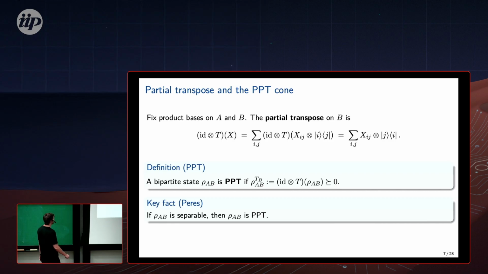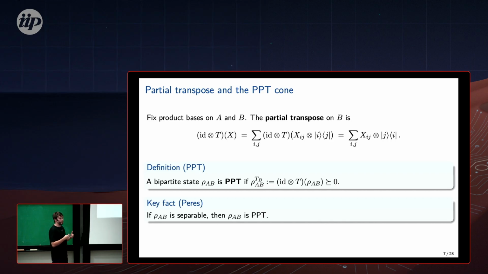And what it does is, of course, you can expand any bipartite matrix X in terms of some matrices Xij on the first system, and then the matrix elements on the second system. And this partial transpose on the second system is just a linear map which is going to swap the I and J to J and I. So you just swap those coordinates.